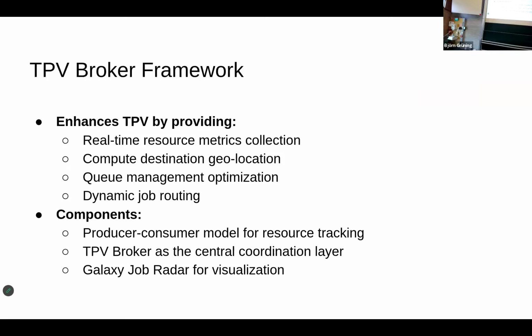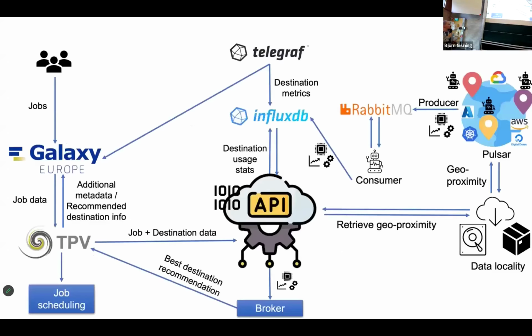We covered this with the TPV Broker, which consists of a few different components. A producer-consumer model, which is RabbitMQ in this case, gathers all of these metrics and puts them into one location. We have a Python application that actually does the ranking of the destinations, and we have the Galaxy Job Radar for the visualization of where jobs are being sent to from the Galaxy instance.